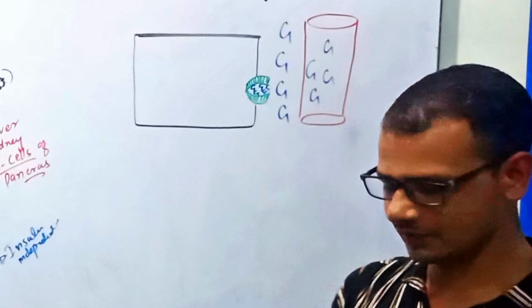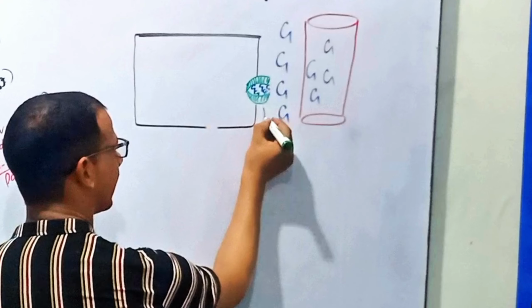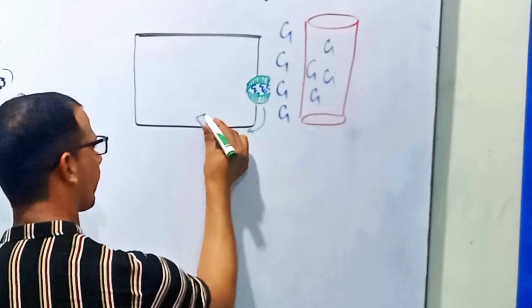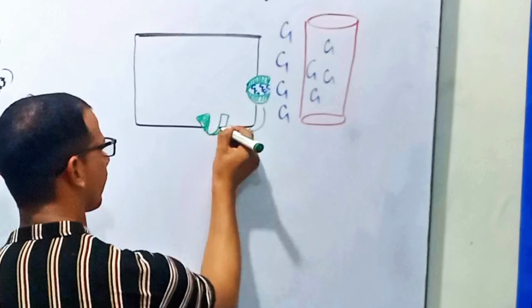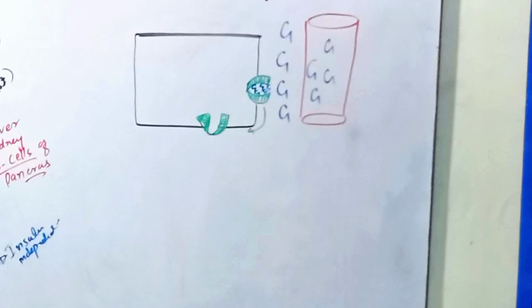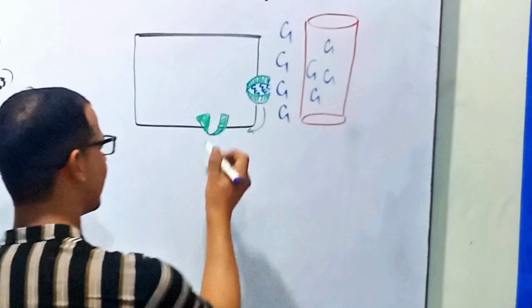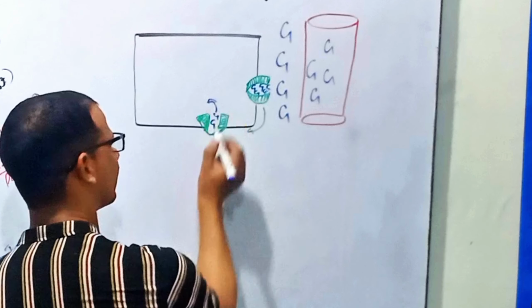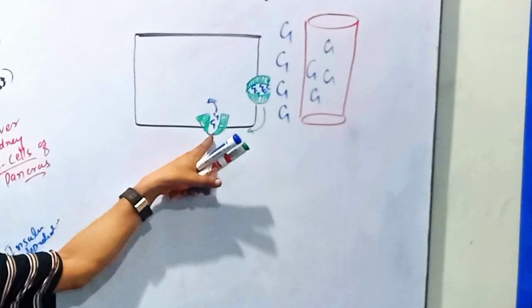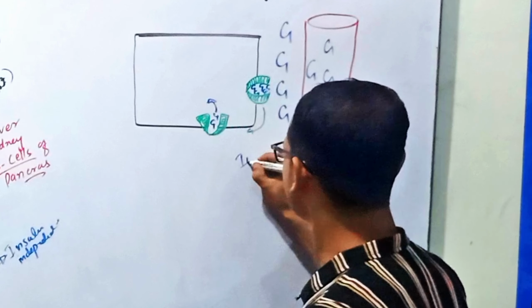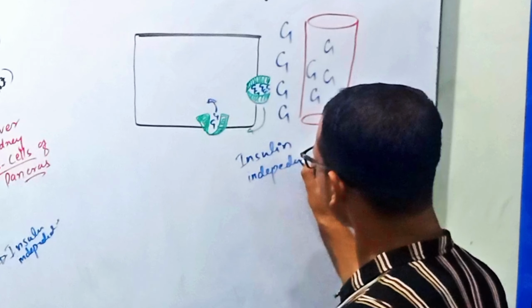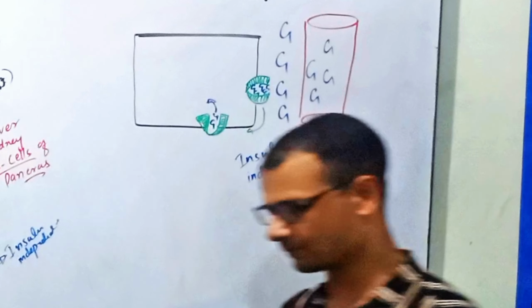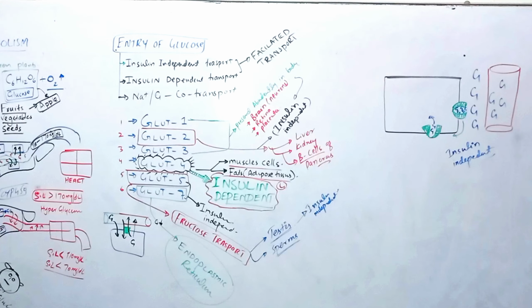And what will be the conformational change? It will become like this, and will move the glucose from the outer side into the inside, right? This is the transport system of insulin independent transport.